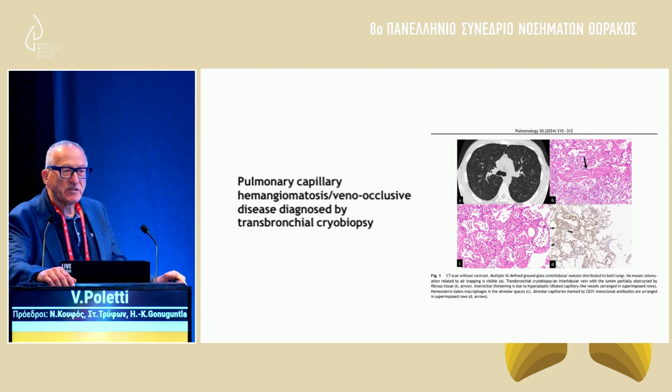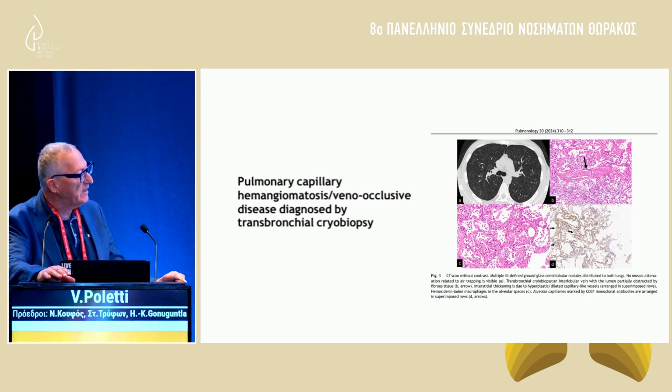The diagnosis was not hypersensitivity pneumonitis. The diagnosis was made by transbronchial cryobiopsy without complication, only a mild pneumothorax without need of chest tube, and was unfortunately pulmonary capillary hemangiomatosis.